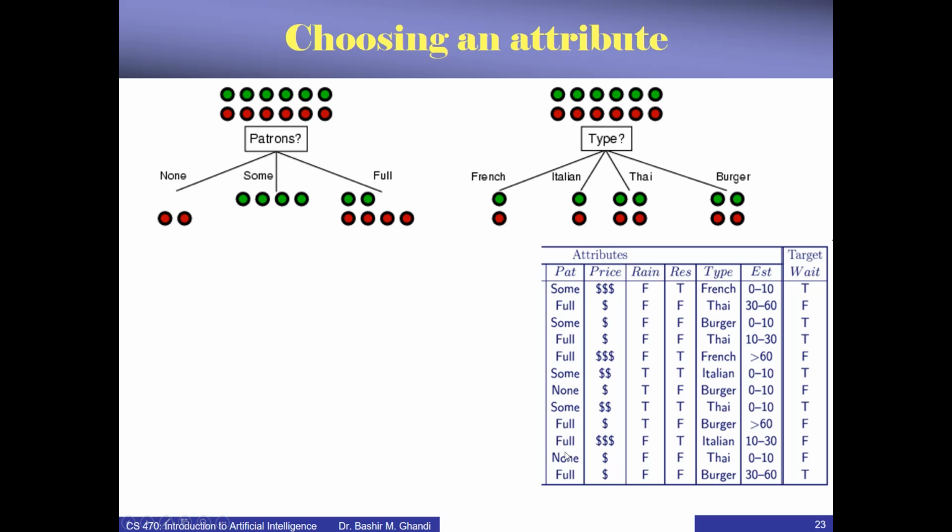Let's start with none. We have two nones, both with a value false. So for the none branch, we have two examples, and both of them are false. This is good, because since both are false, this is going to be a leaf node, and we're going to terminate this tree and return false.